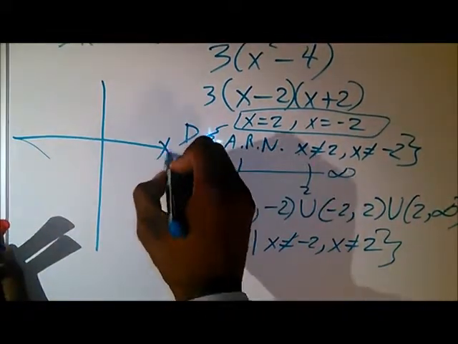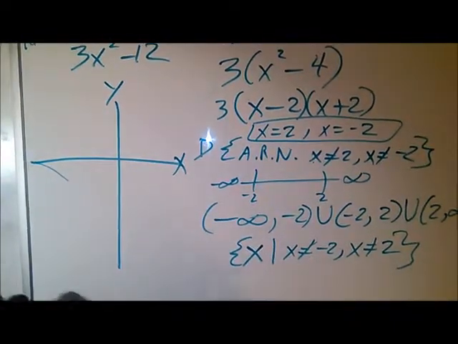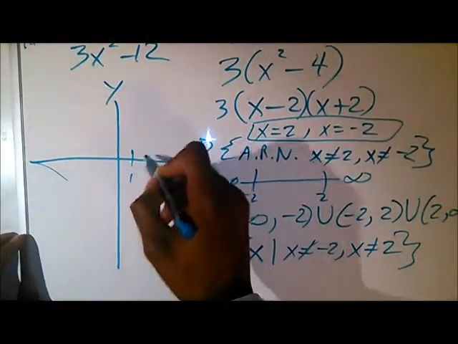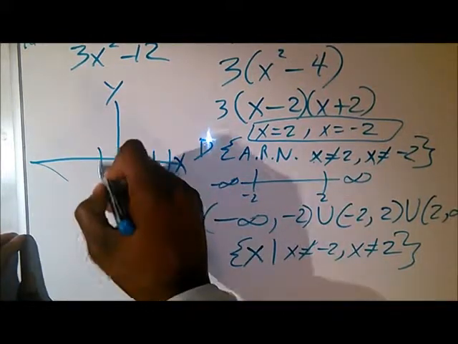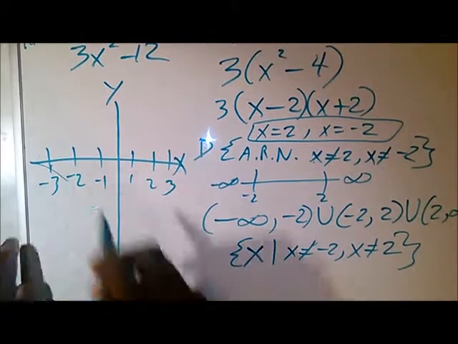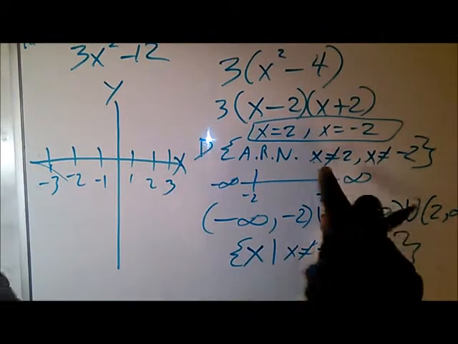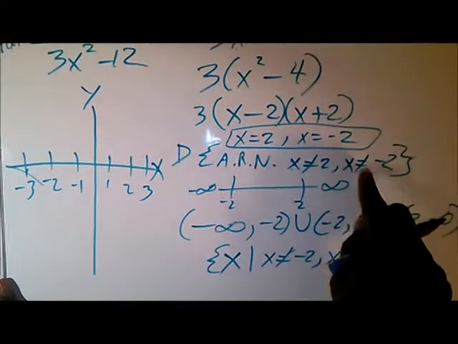You'll have your x-axis and your y-axis. This is 1, 2, 3, this is -1, -2, -3. And our vertical asymptotes will be whatever is not in the domain.